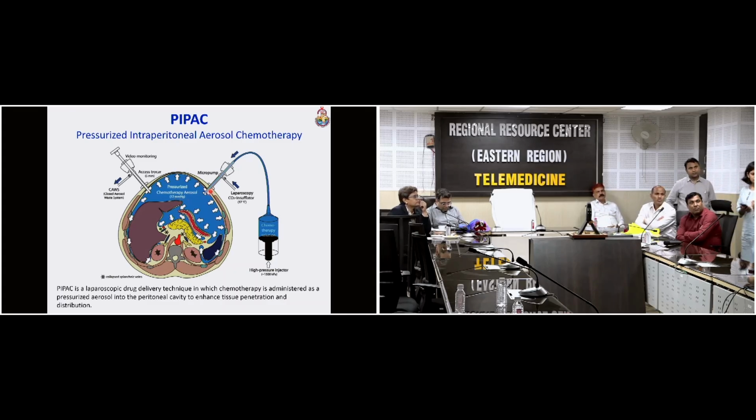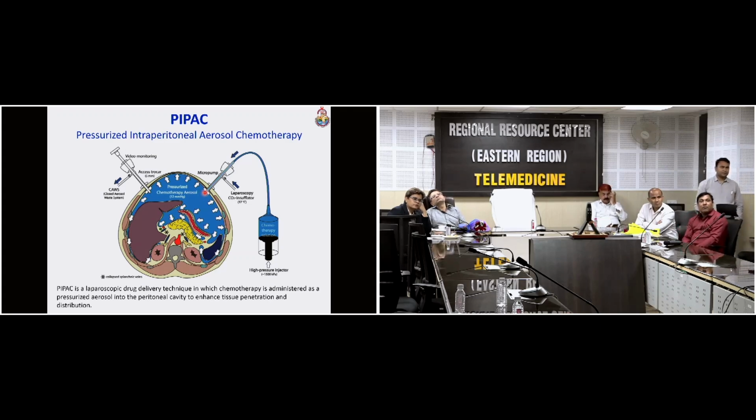So the speciality here is that these trocars are not normal trocars. They are balloon trocars, as I'll show you in a while also in the demo. These are small balloons. The function of these balloons is to hold this port tightly without any air leakage, which is of paramount importance in PIPAC. So this is the inflow tract here.